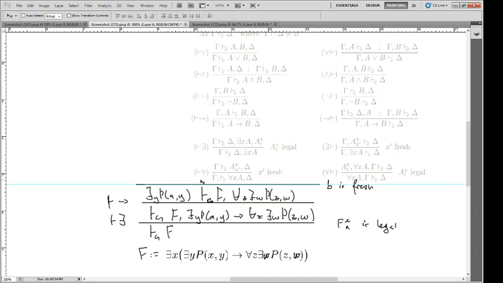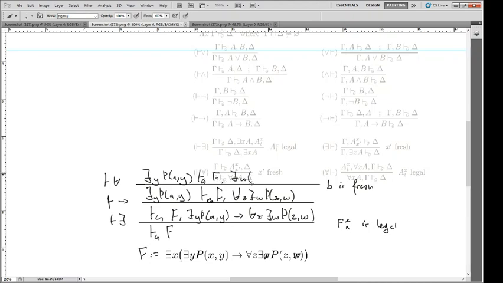So we'll use the left for all rule and get rid of this quantifier here. And we had b, so we substituted z for b, so we have b here now, w there.